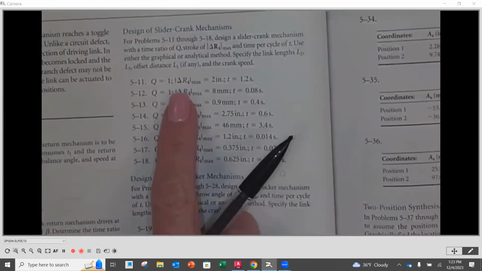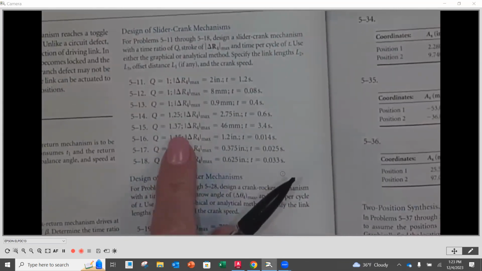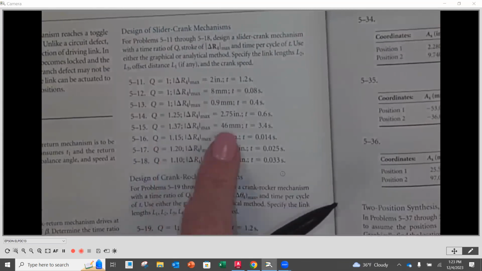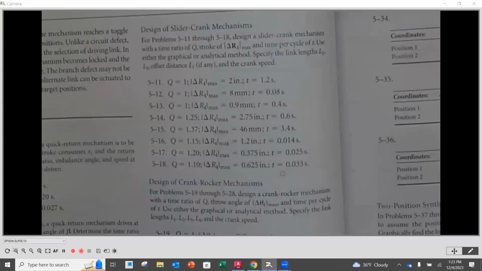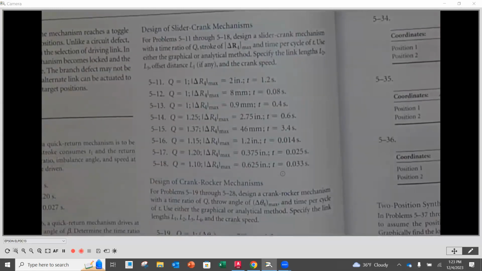It's not 1. That means right away this is going to be an offset slider crank mechanism. So we're going to have to determine an L1. Here's our maximum stroke, 46 millimeters, and our total time for the cycle is going to be 3.4 seconds.